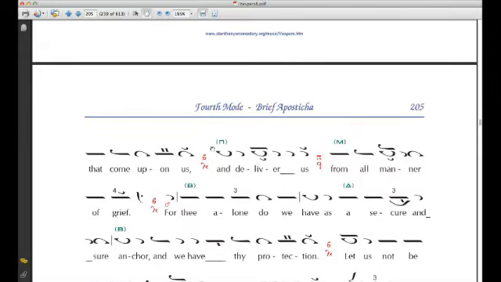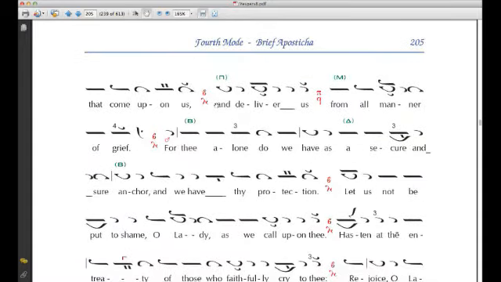For thee alone do we have as a secure and sure anchor, and we have thy protection.